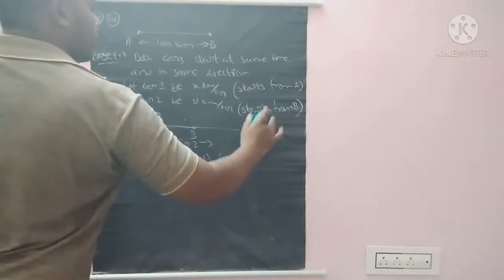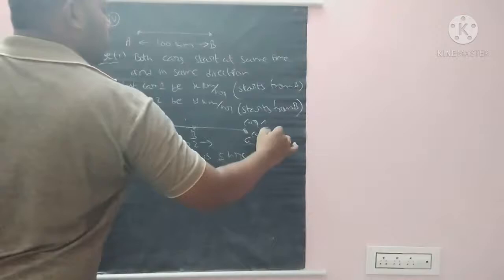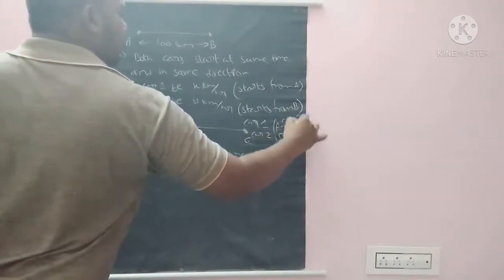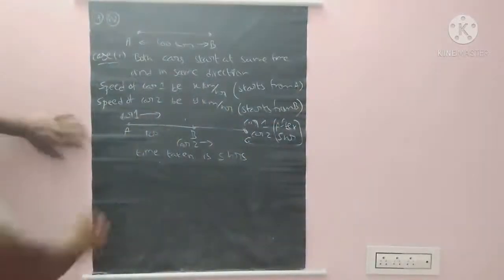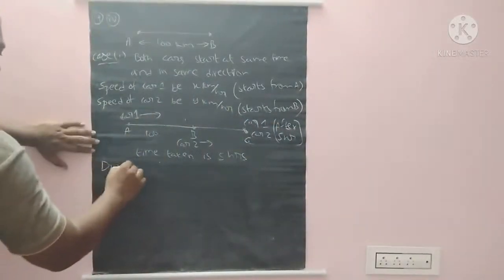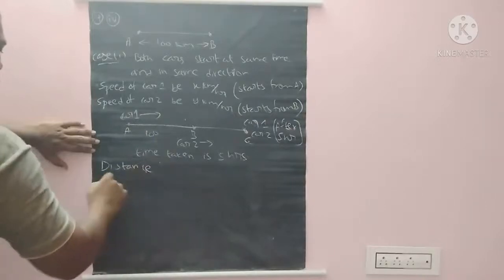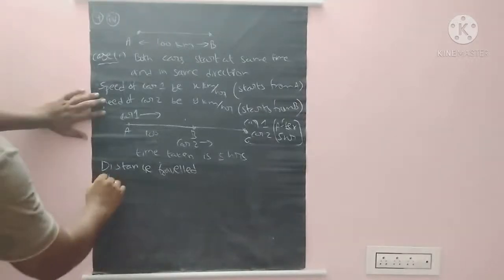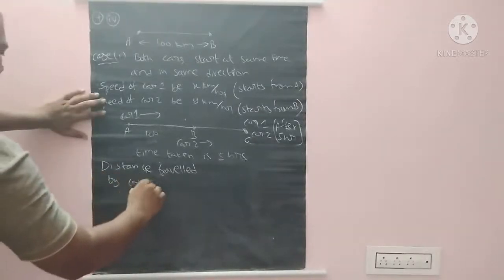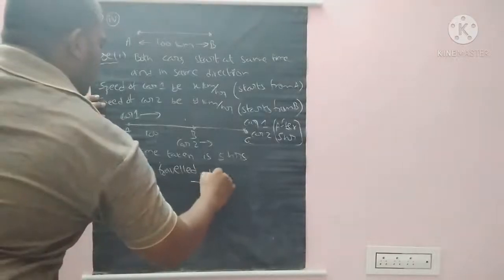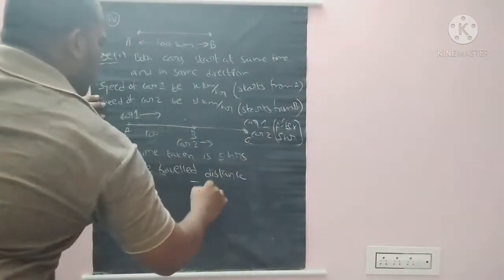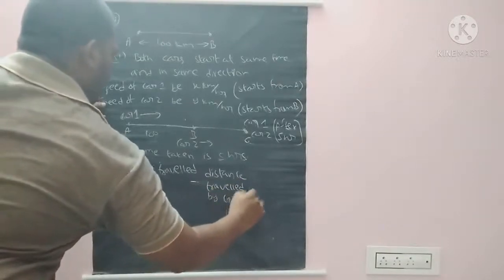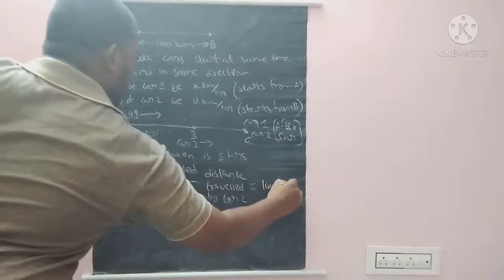So car 1 and car 2 after 5 hours they are here. So now distance traveled by car 1 minus distance traveled by car 2 equals to 100 kilometers.